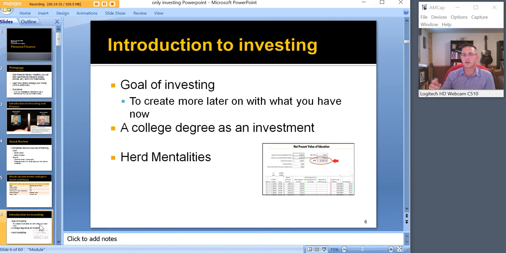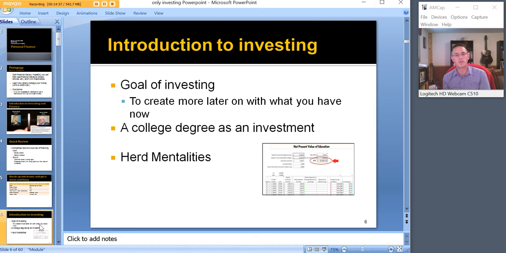The additional earnings we receive for having that college degree is the difference between what we could have earned with a college degree versus without one. Sometimes that's called incremental cash flow. Here, I'm just going to call it earnings.